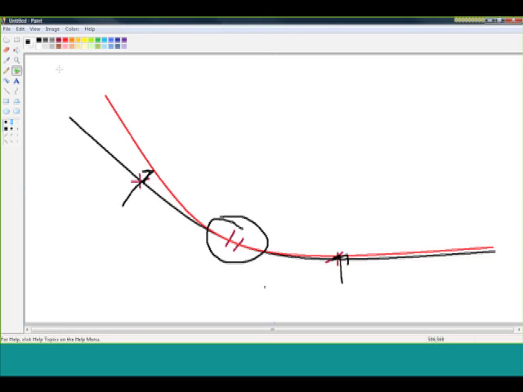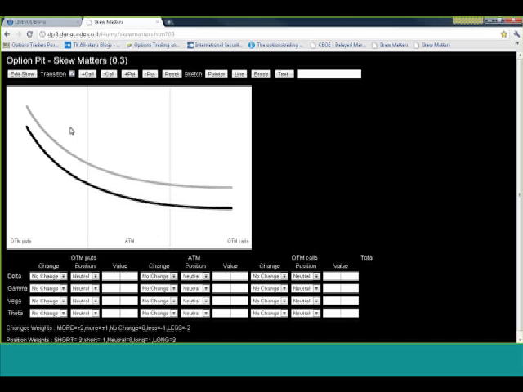Well, now let's take a look at what's happened. Your at-the-money didn't move, but your long, what do you think happened here, guys? When vol shifts and you own an option, what happens to your account? You make money.